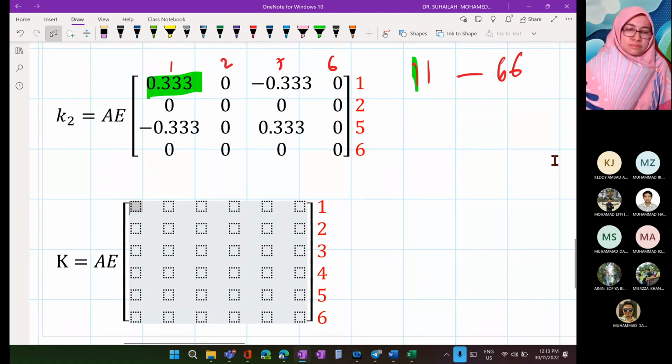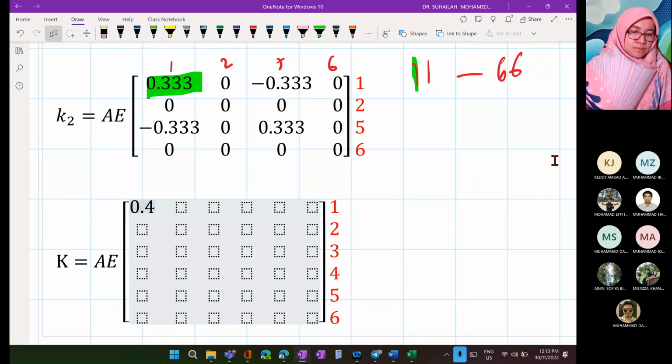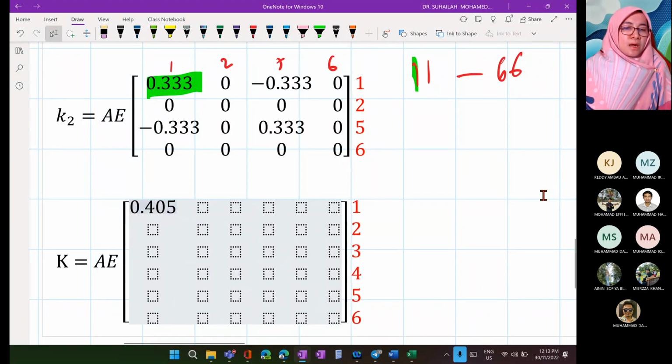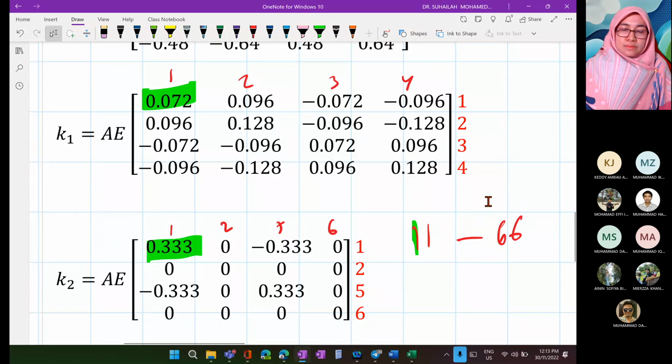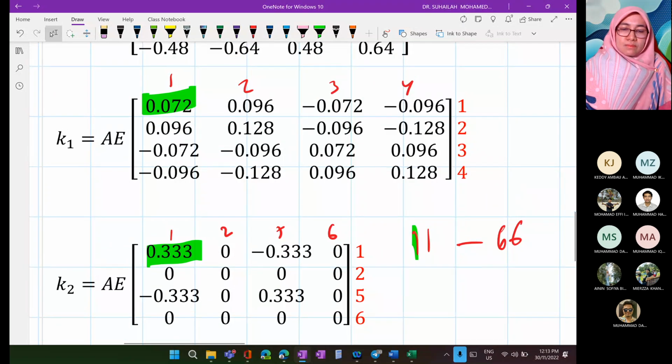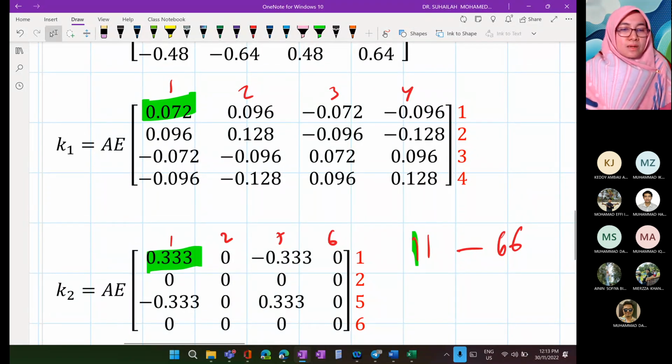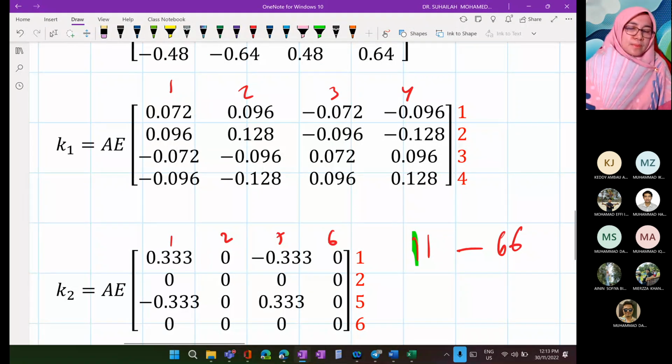Zero point 0.405. Okay, 1, 2. 0.072. 1, 2 to 2, 1 is the same.